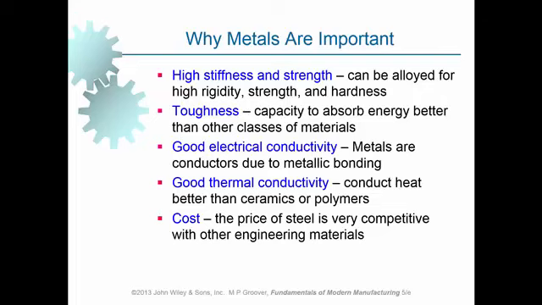And compared to ceramic materials, for example, metallic materials are very tough, making them suitable for certain applications, of course. Well, electrical conductivity and also thermal conductivity. If we are after a material which is highly conductive, of course we will go for metallic materials and we forget about ceramics and polymers.